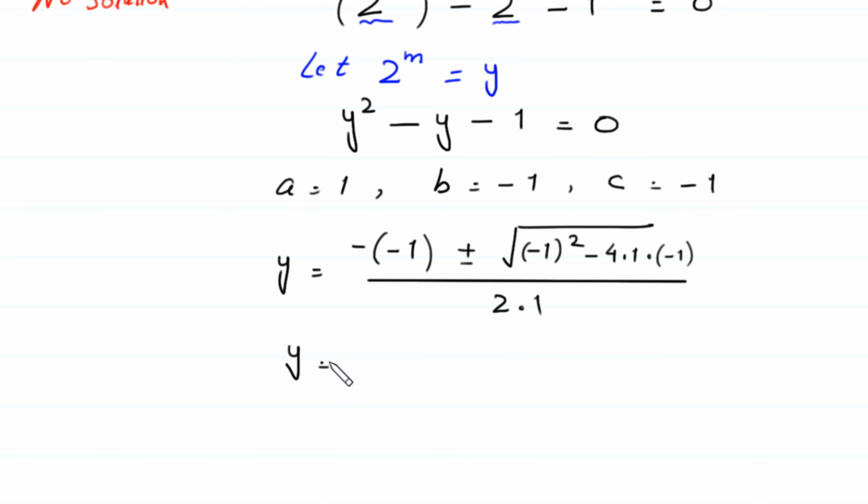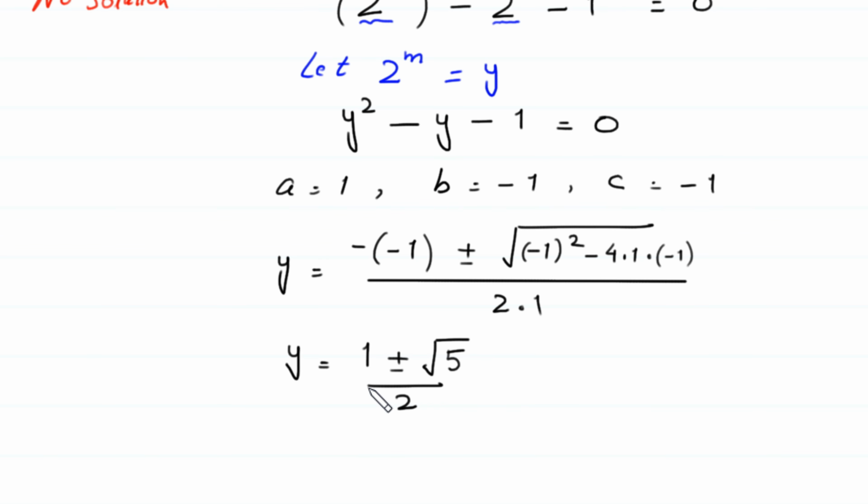and y is equal to this minus and this minus becomes plus, so here +1 plus or minus the square root of -1 squared is 1, minus 4 times -1 is +4, 1 plus 4 is 5, divided by 2.